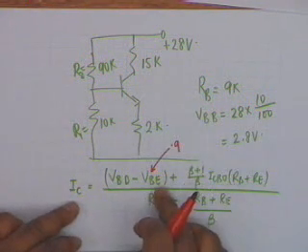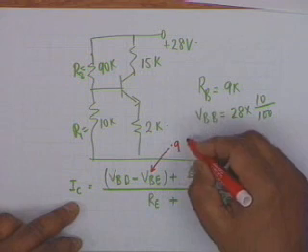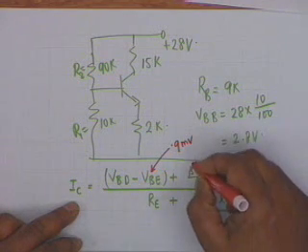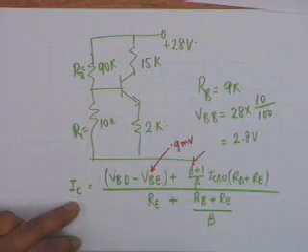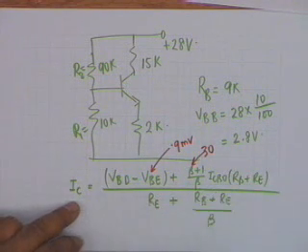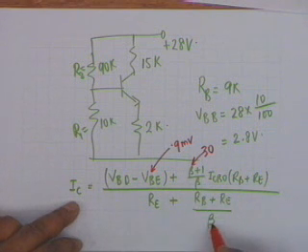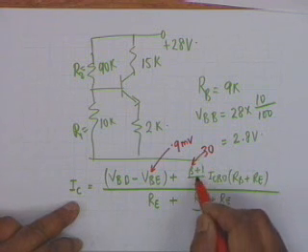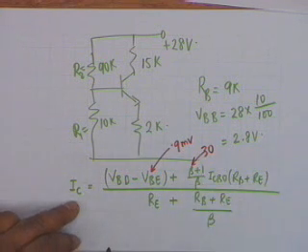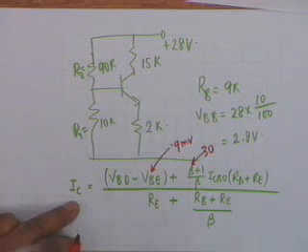VBE is 0.9, beta the smallest value, which is 30. Now you might ask me, why do you take the smallest value? Because there is a division by beta here. 31 divided by 30 and 181 divided by 180 do not differ much, 1 plus 1 over beta, and therefore beta basically controls this quantity.